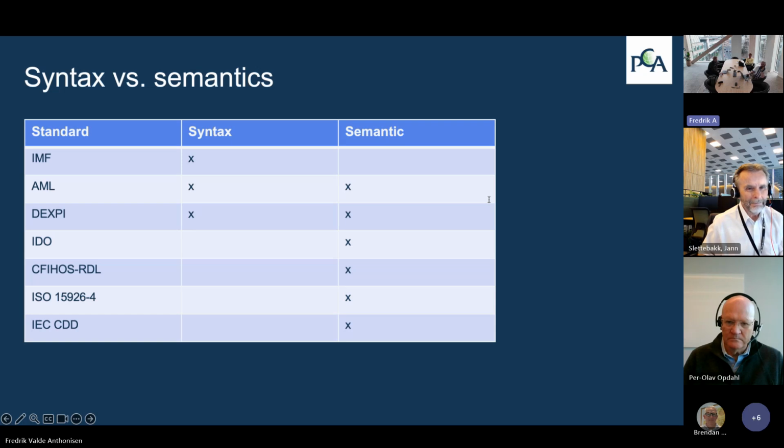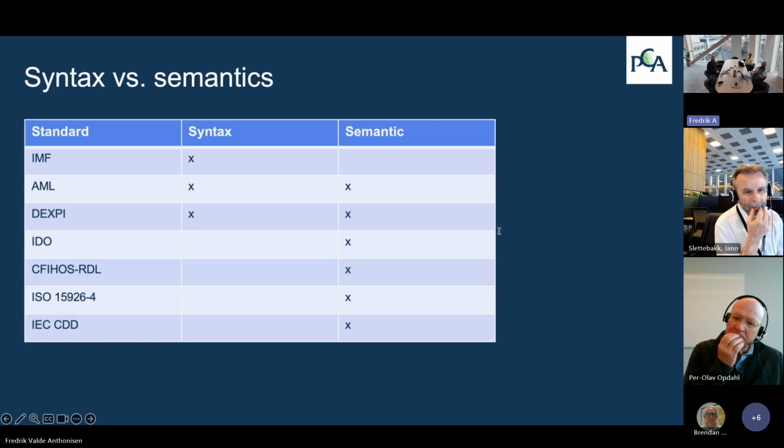So one comparison I've done here is to make a distinction between the standards that focus on the structural part, and the standards that focus on the semantic part, which is defining a common way of understanding things. IMF is purely a structural part.